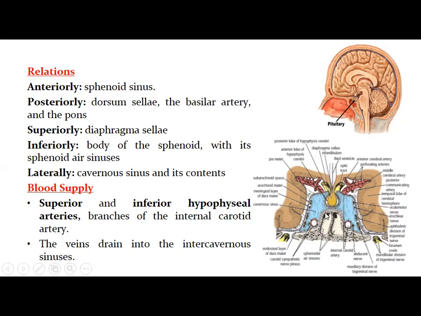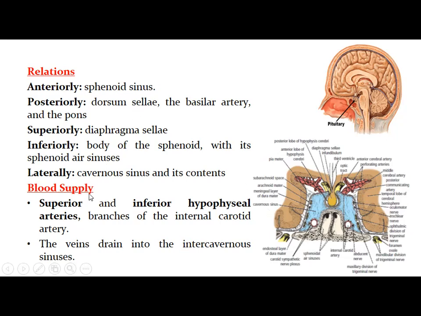So it has very important relations around. Any enlargement of this pituitary gland due to tumors can compress adjacent structures, and if there are any tumors from these adjacent structures, they can compress the pituitary. So these relations are very important.